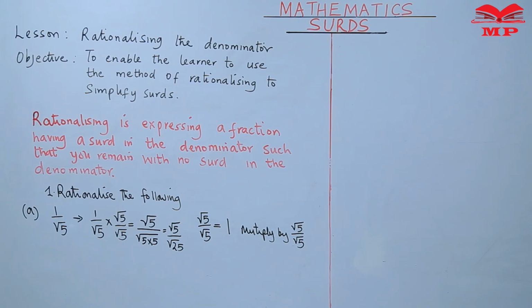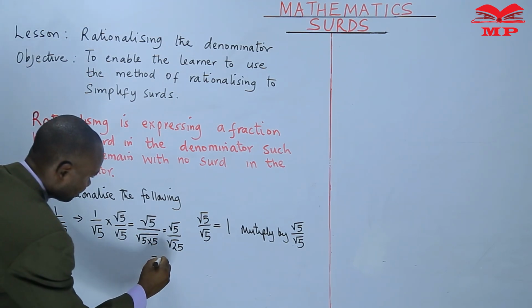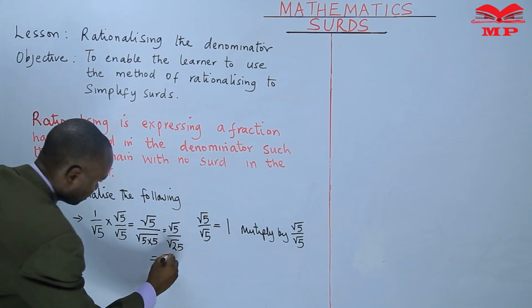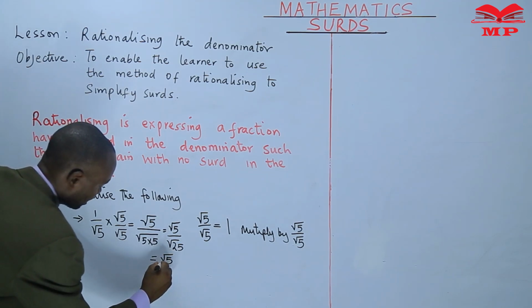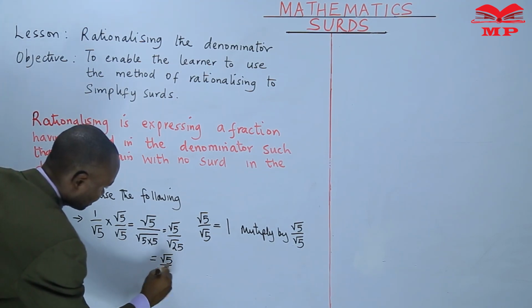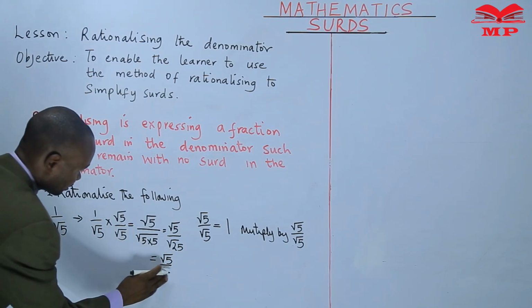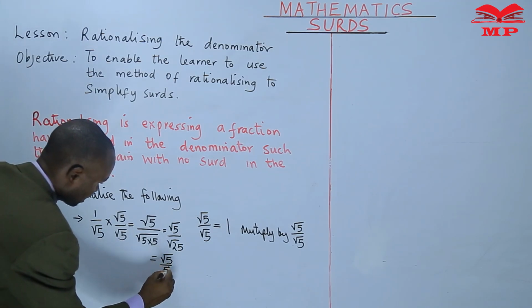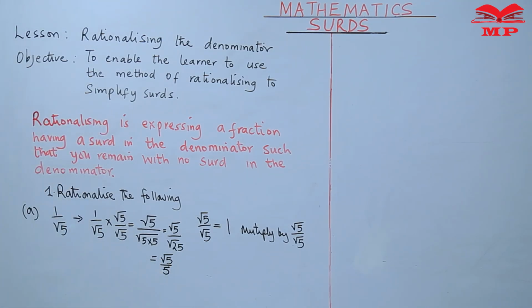Simplified, it will become square root of 5 over 5. So that is the final answer of rationalizing. So I've rationalized that.